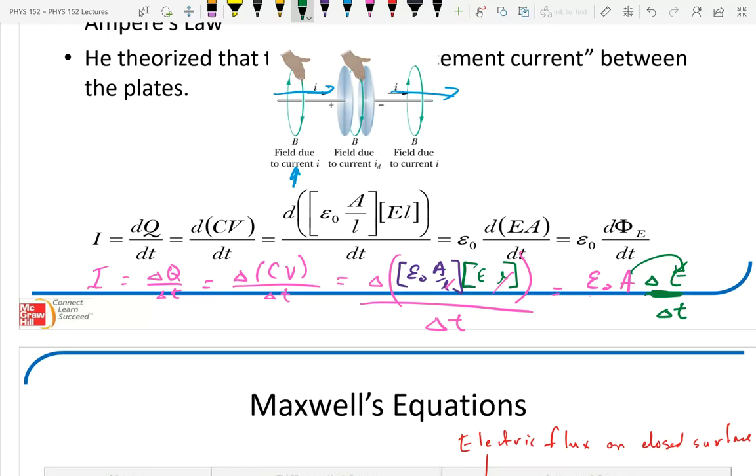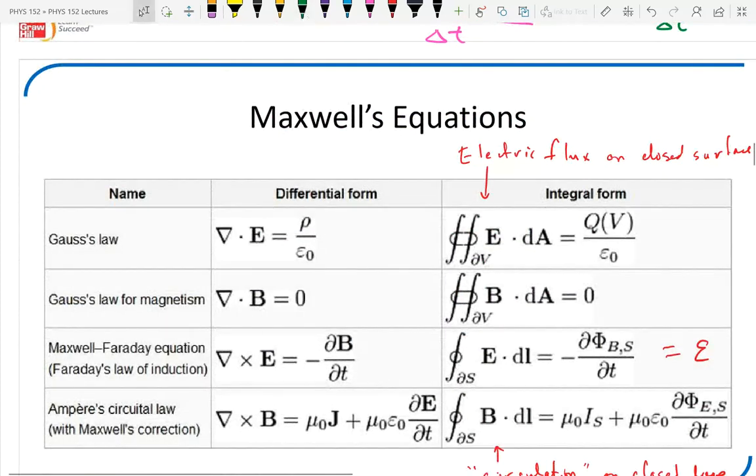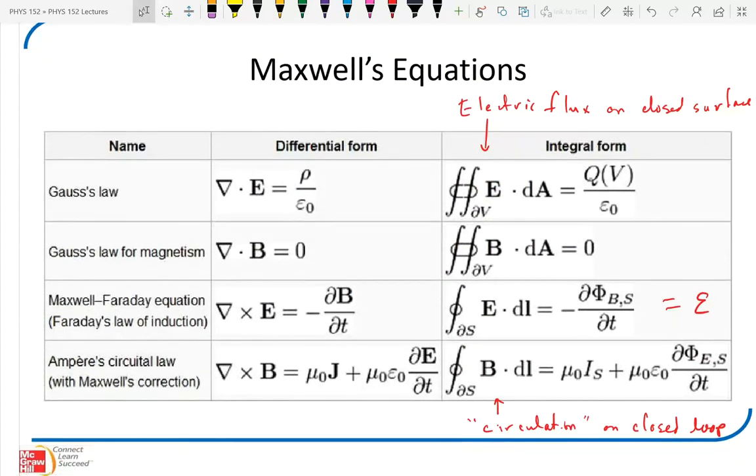We could have an actual physical current, or we could have a changing electric field, creating what he termed a displacement current. So if you put it together, here's the normal current, and then here is that, quote, displacement current. And that's what makes it the Ampere-Maxwell equation. You've got the additional displacement current.